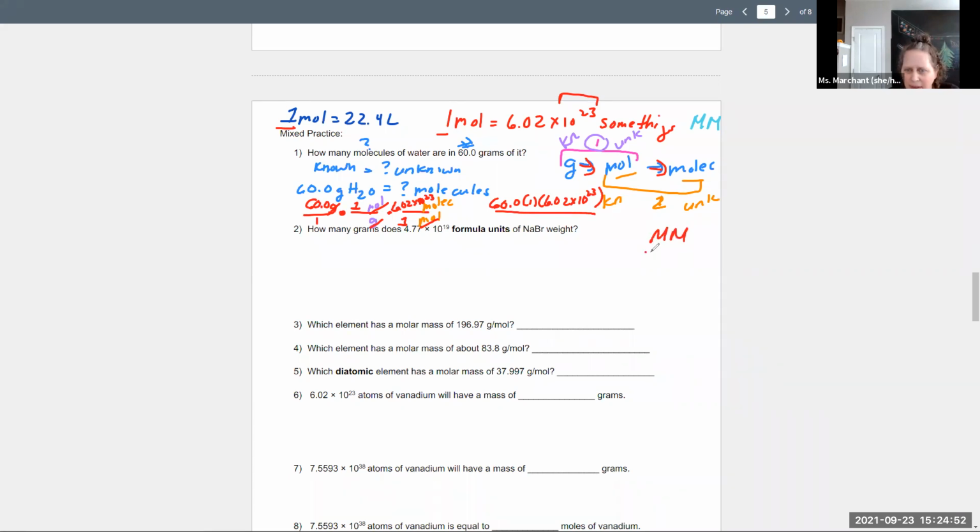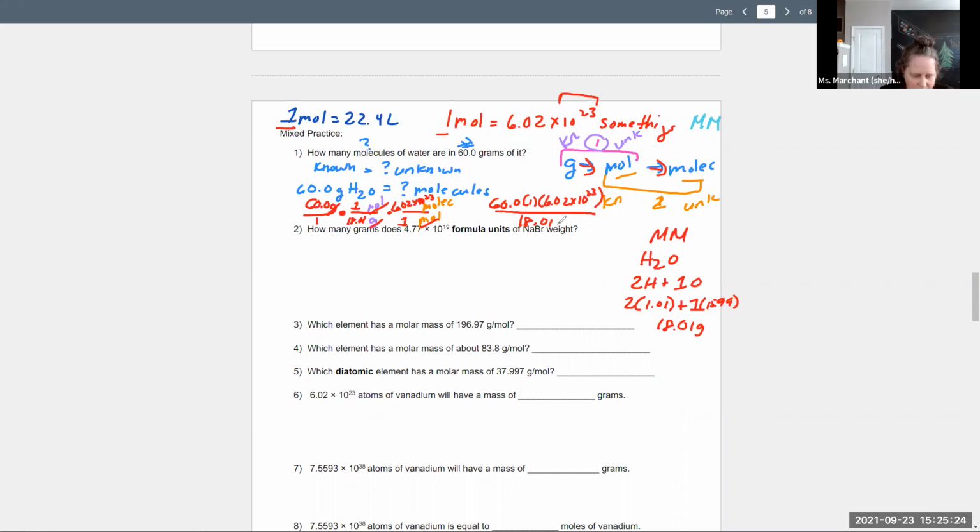There are 2 hydrogens and 1 oxygen. Hydrogen has a mass of 1.01 from the periodic table. Oxygen has a mass of 15.99. So when we add those together, I have 18.01 grams.